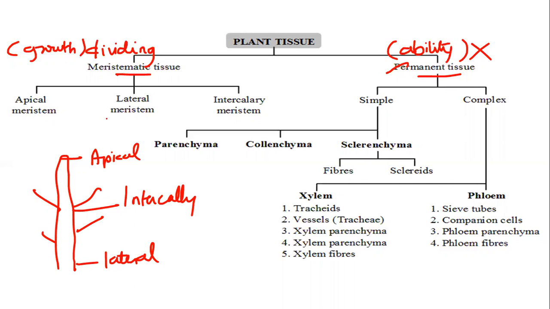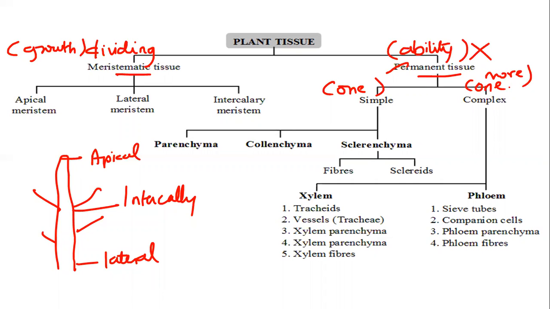When we talk about permanent tissue, it is divided into two types, simple and complex. Simple means only one type of cell is present in a simple permanent tissue, whereas in complex permanent tissues more than one type of cell is joined together.